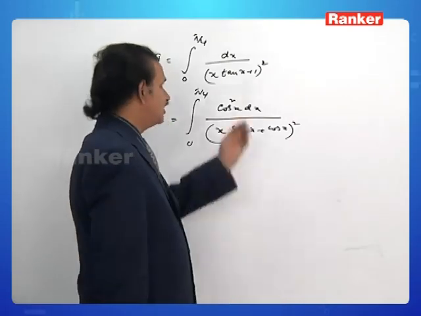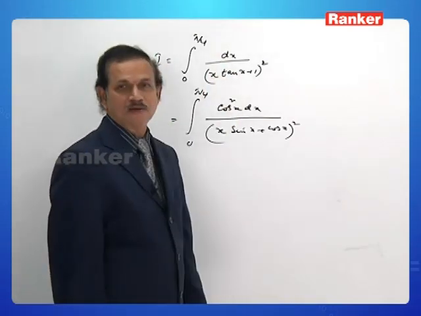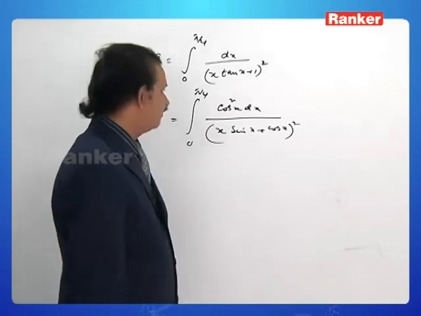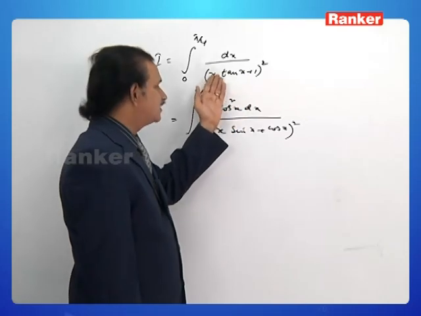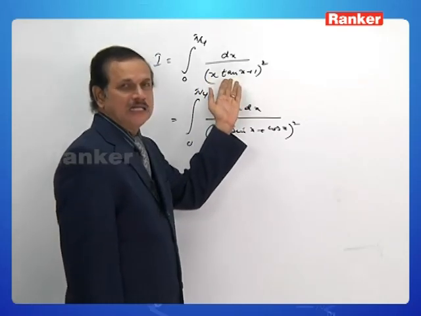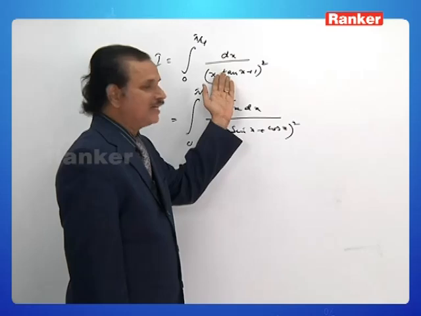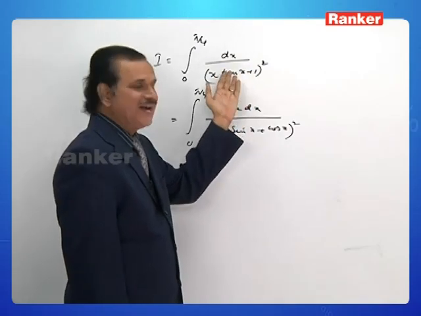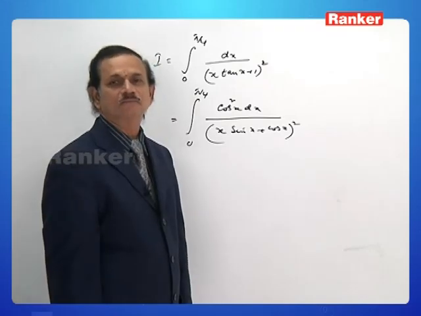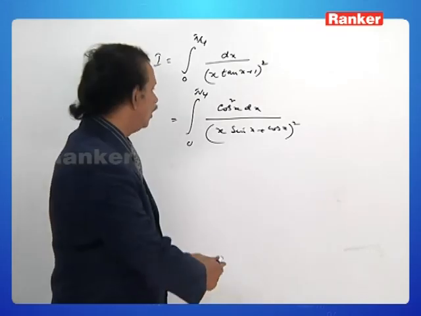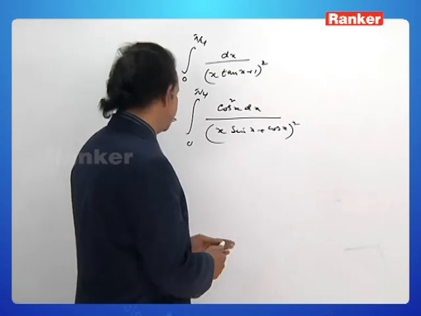In one way, I am multiplying with cos square x on both numerator and denominator, or in another way, you can think of tan x as sin x by cos x. X sin x by cos x plus 1. As cos x is the LCM, x sin x plus cos x becomes the numerator, and the cos square x, if it comes to the numerator, it becomes cos square x dx. Like that you can have. Okay, cos square x dx.